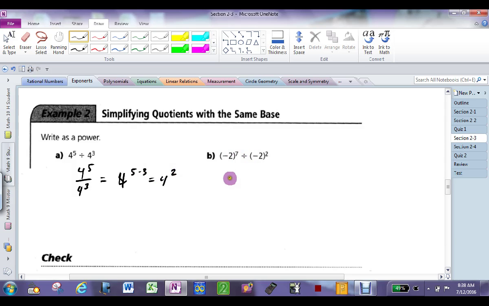What's this one going to be? To the 7 minus 2, which is negative 2 to the 5th. Now, just quick reminder, will that answer be positive or negative? Negative. Because it's in brackets. That's part of the right answer. There's one other part of the reason. Because you're right, it is going to end up negative.